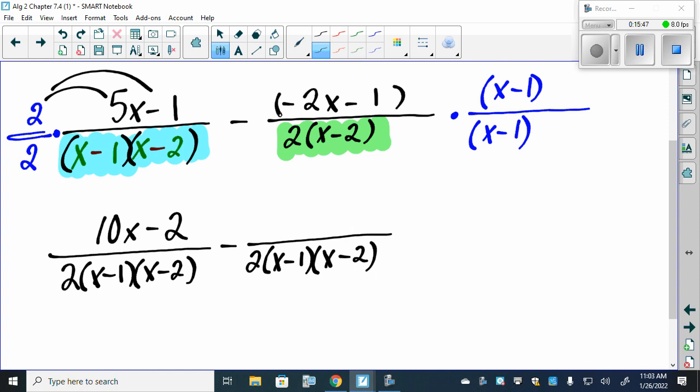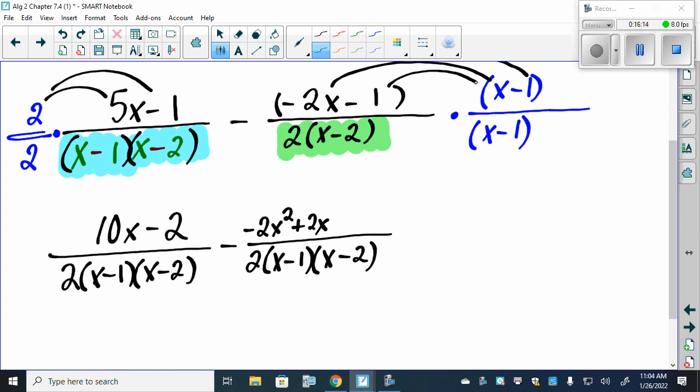Now I did put the parentheses around that just as a reminder for us that we are multiplying negative 2x minus 1 by x minus 1. So we'll need to distribute. Negative 2x times x is negative 2x squared. Negative 2x times negative 1 is going to be plus 2x.